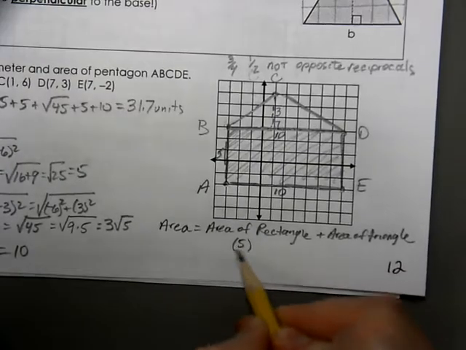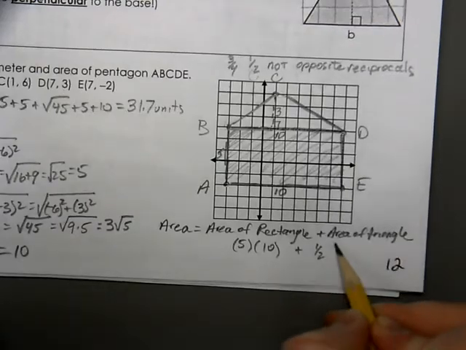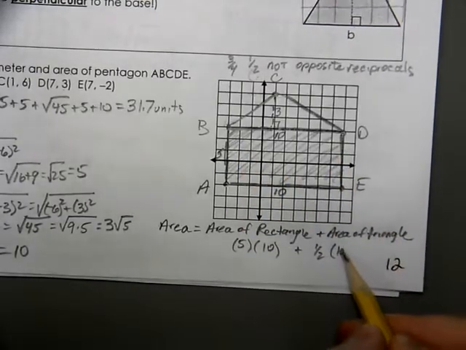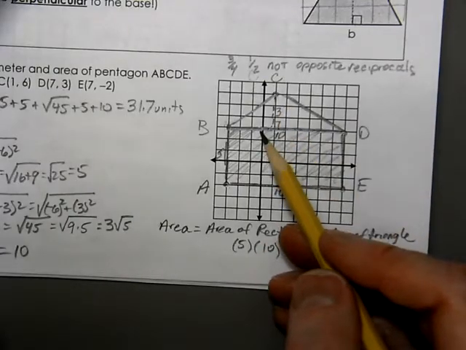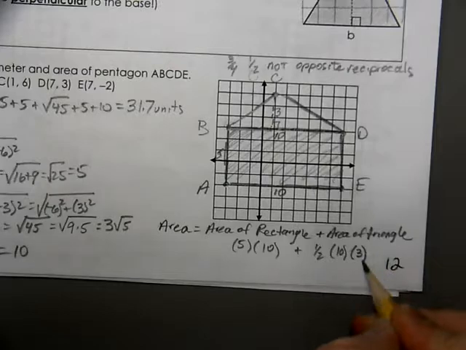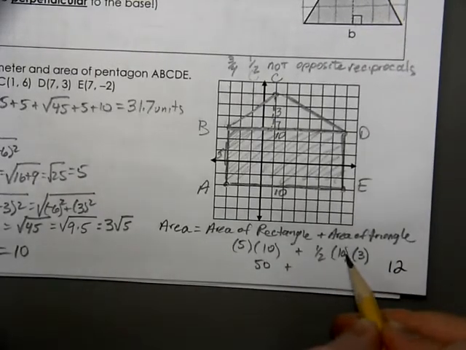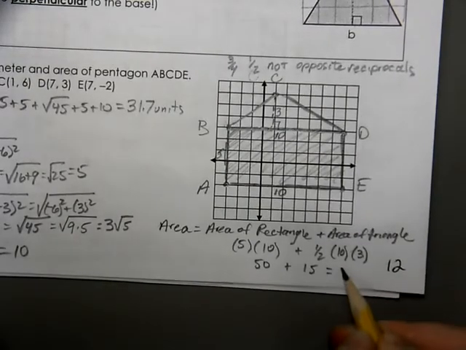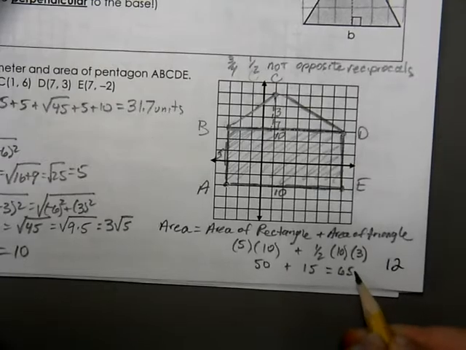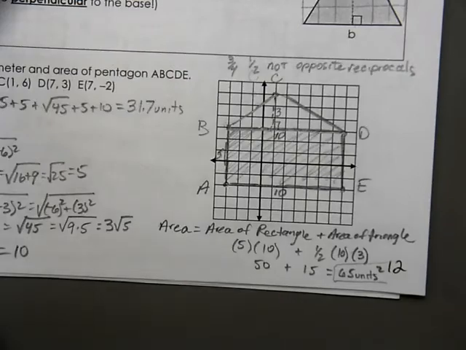So that's 5 times 10. The area of the triangle is half of base times height. The base is 10, and the height, being a measurement perpendicular, is 3. So that's 50 plus 30 divided by 2, which is 15. So that comes out to be 65 units squared. So we have square units.